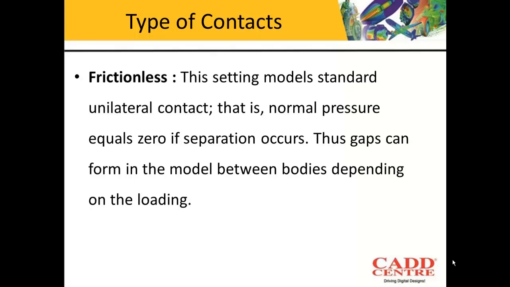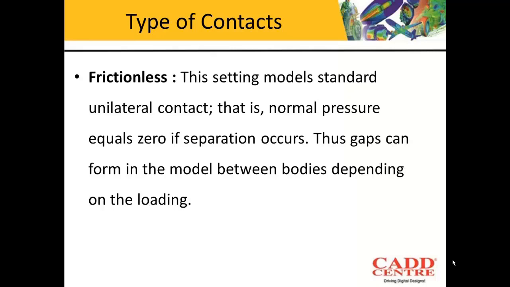So in frictional contact you can give some user-defined value for mu, but if you consider frictionless, the surfaces are sliding against each other, but it is free sliding, and the mu, that is the coefficient of friction, is 0, and the contact can open and close depending on the loading condition.